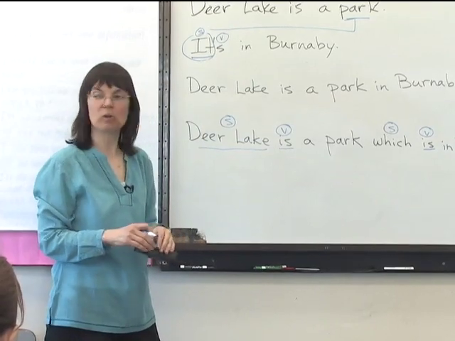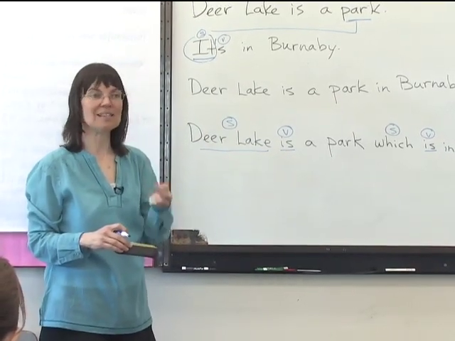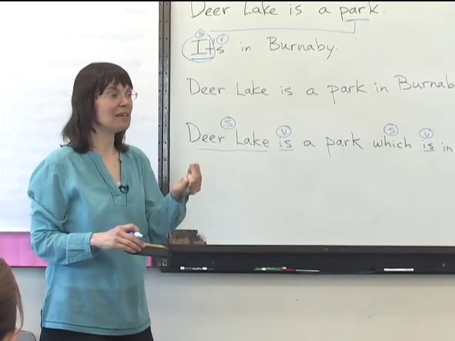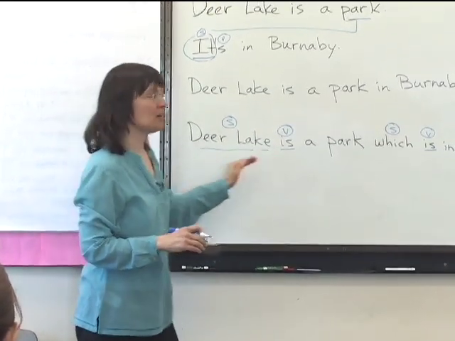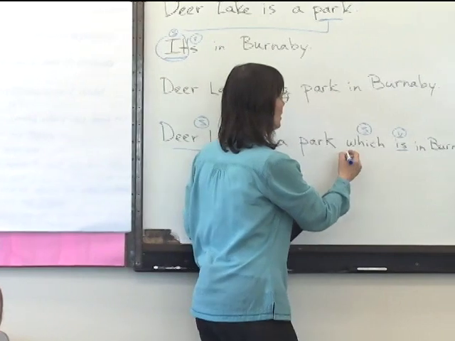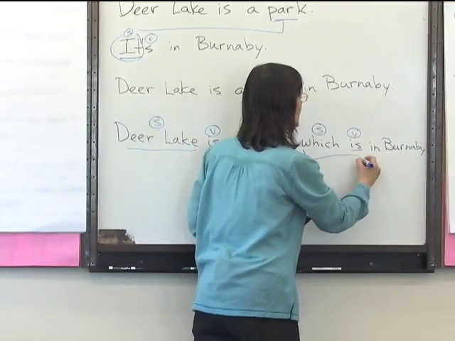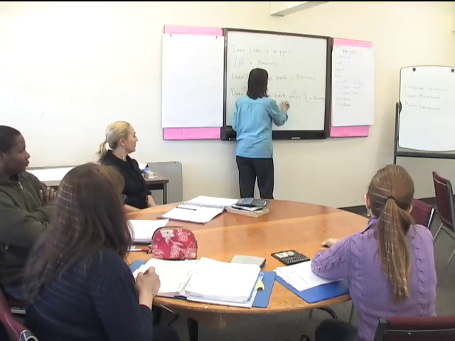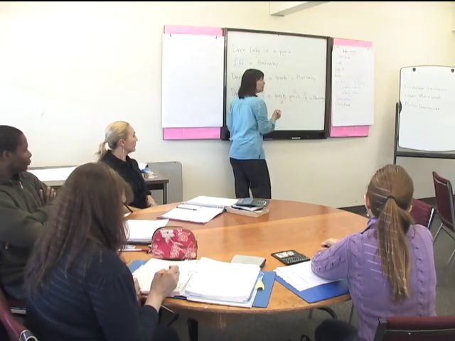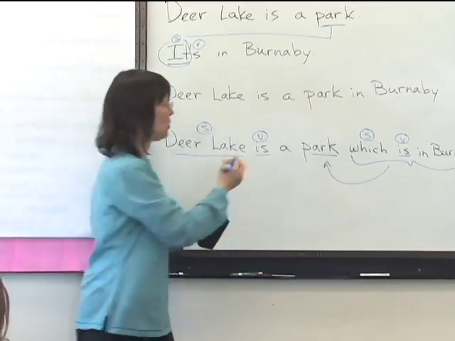Clause, right, those were adverb clauses. Good for you. Okay, so a when clause is an adverb clause. An if clause is a conditional adverb clause. These aren't adverb clauses. This is information about the park. What kind of word is park? A noun.